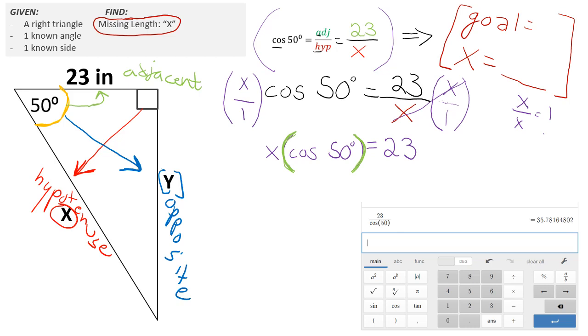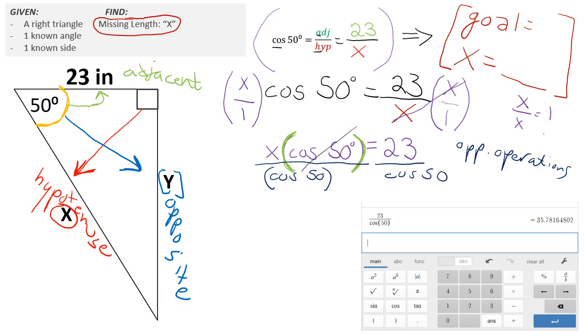So here we are. Remember that we want to use opposite operations when we're solving equations here. Because cosine of 50 is being multiplied, I'm going to divide both sides by the cosine of 50. That goes away, leaving me with x equals 23 over the cosine of 50. And how do you do that in a calculator?